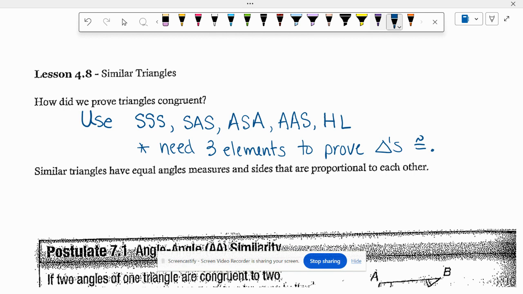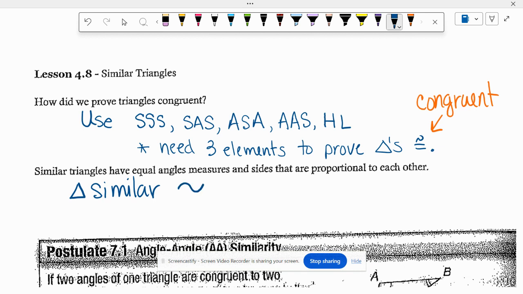Okay, so we're going to learn today that we can not only prove that triangles are congruent, but sometimes we don't have congruent triangles, but instead we have similar triangles. So remember that congruent is this symbol. This is the symbol that we use for congruent. Well, when we want to say that triangles are similar, we use this symbol.